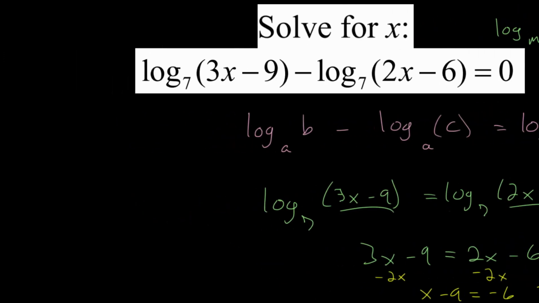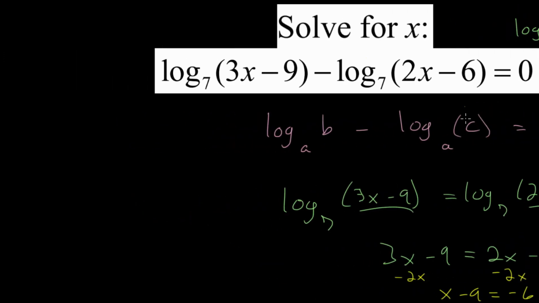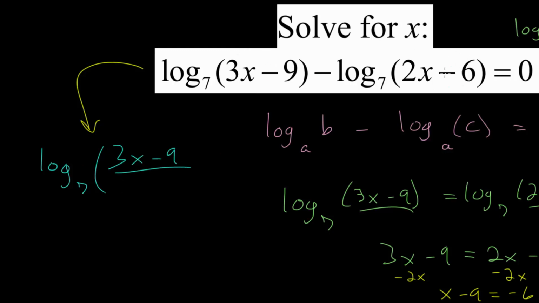So let me make a little bit of room, and we are going to use this logarithm property. Since we're subtracting, they have the same base, so we can rewrite them as one logarithm where we have a quotient. So we have log base 7, it will have the same base, but now we put this in the numerator, and the input of the logarithm that we're subtracting, we put that in the denominator, and all of this is equal to 0.